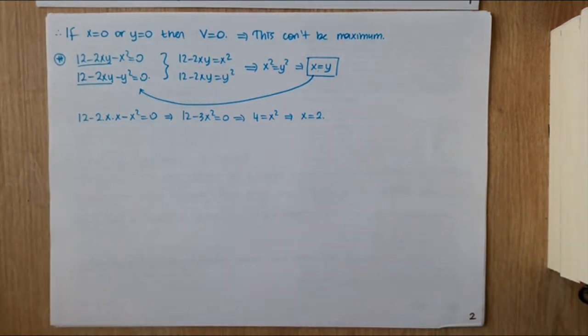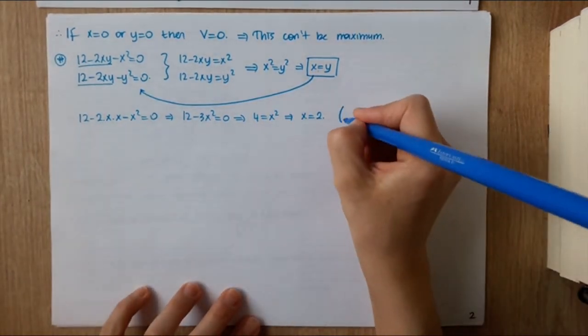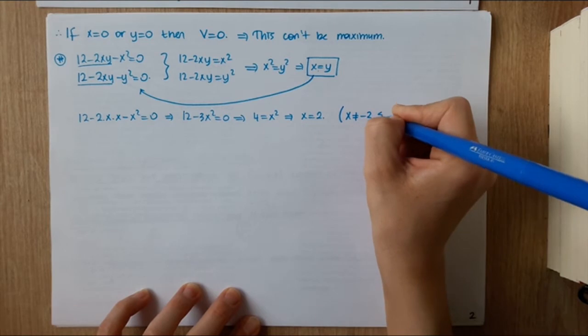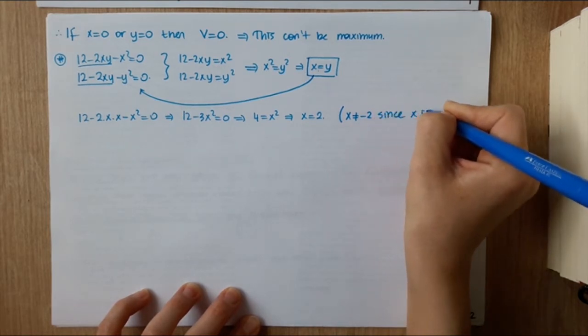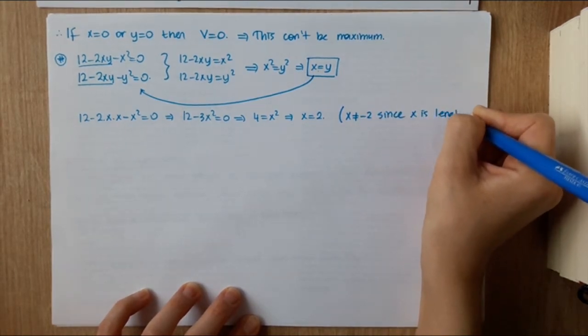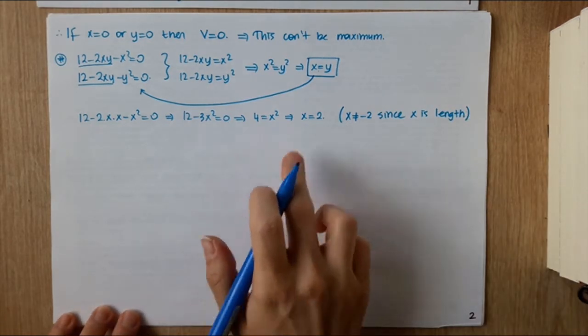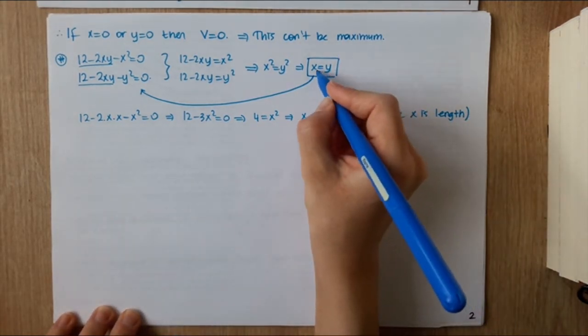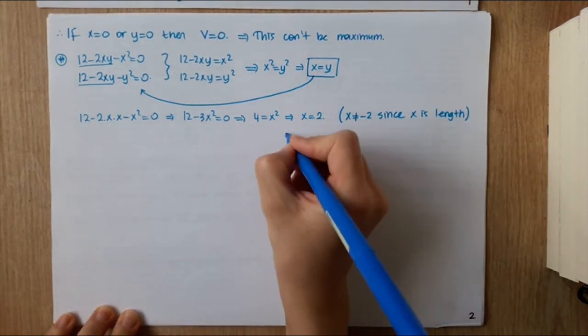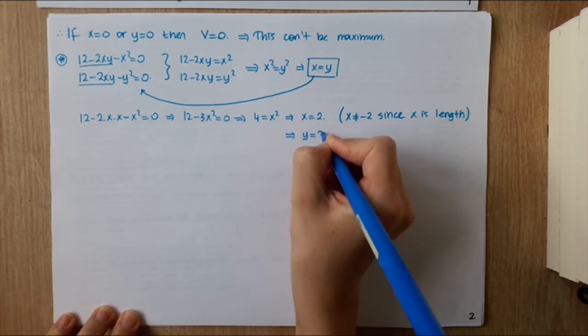Again, as I said, x cannot be equal to minus 2, since x is a length here. So if x is 2, we know that x equals y, and because of that, y will be 2.